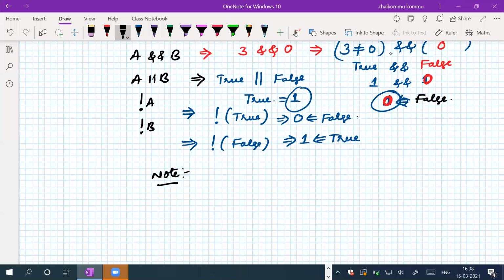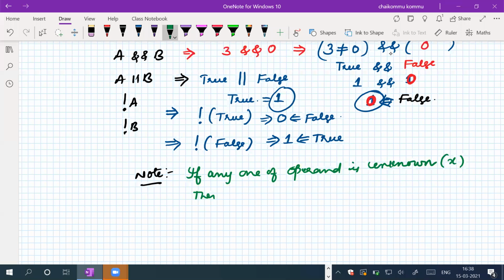So if any one of the operands is unknown, unknown means X, then the result is also unknown. Don't forget to write this one.